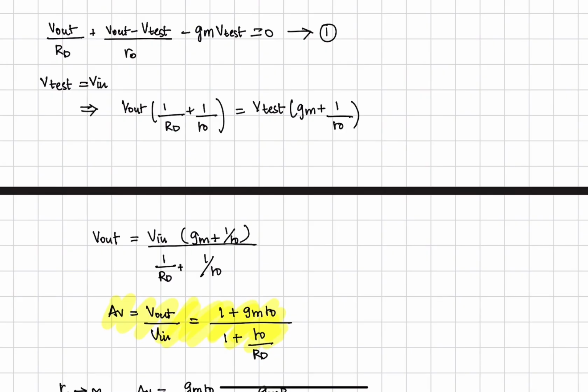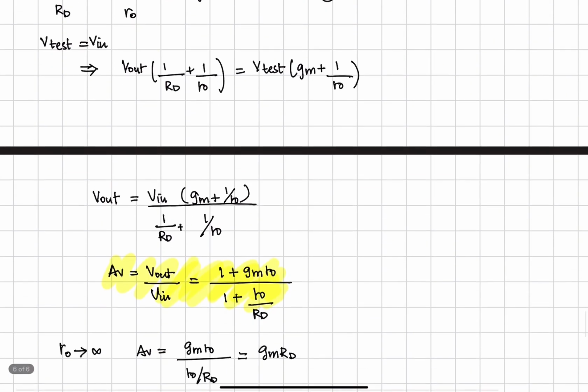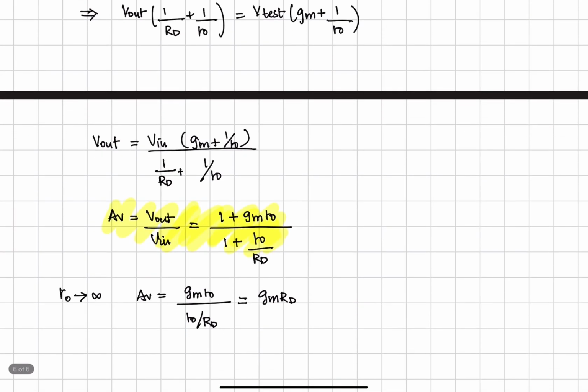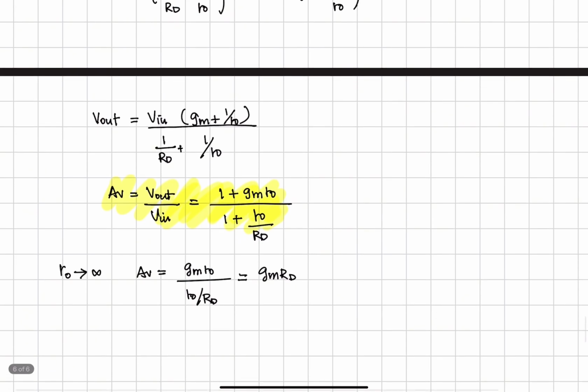By multiplying the numerator and denominator with RO and dividing both sides by V in, we get the voltage gain as 1 plus gm into RO divided by 1 plus RO divided by RD. If RO tends to infinity, the voltage gain becomes gm into RO divided by RO by RD, which can be written as gm into RD.